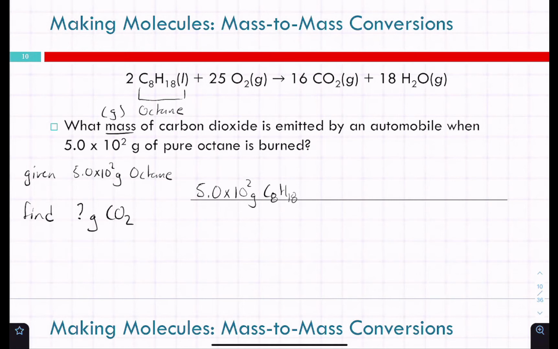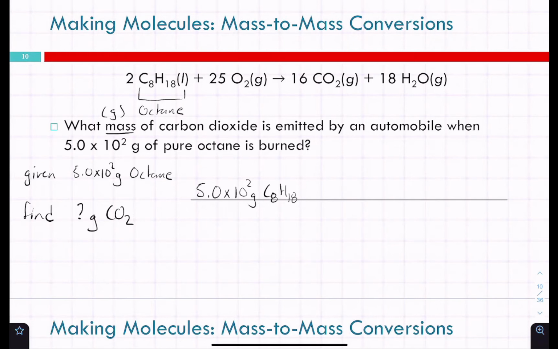So we got grams of A. We need to convert that into moles of A. Then we convert that into moles of B. Then we convert that into grams of B. So A being what we're given, B being what we're trying to find.